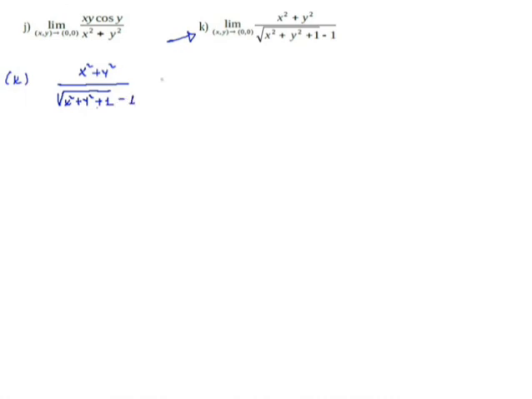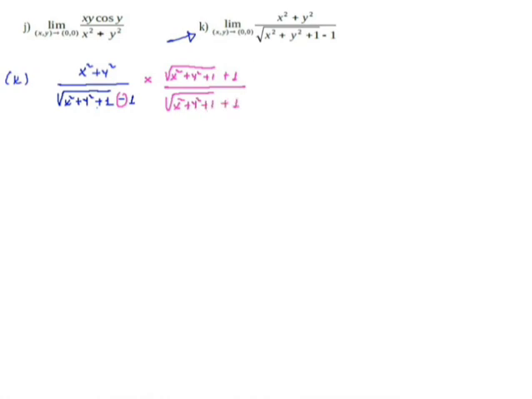Rationalize መደረግ አለበት, so rationalizing factor radical x square plus y square plus 1 plus 1 ነው የሚሆነው. እቺ ማይነስ ስለሆነች ከውጪ plus 1 ይሆናል over radical x square plus y square plus 1 plus 1 ይሆናል.